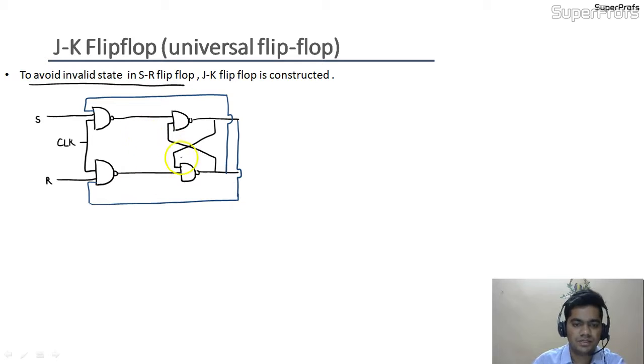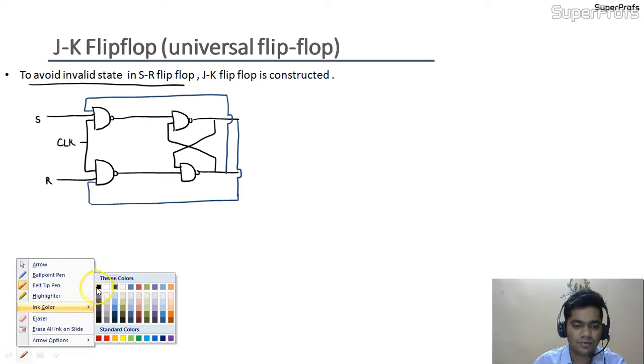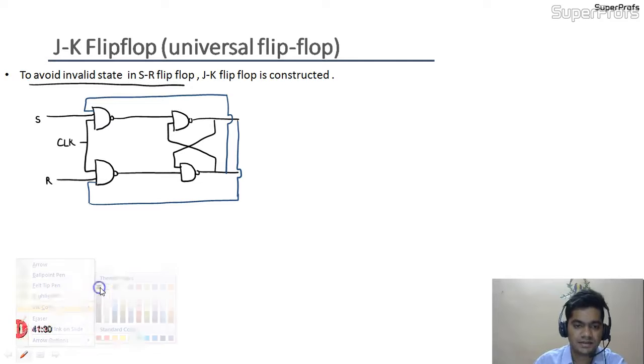Okay, so this is the change that we have done in an SR flip-flop to get a proper state and to avoid the invalid state. So this output is Q and this output is Q bar.